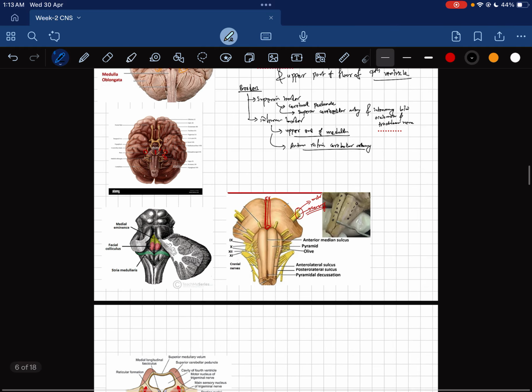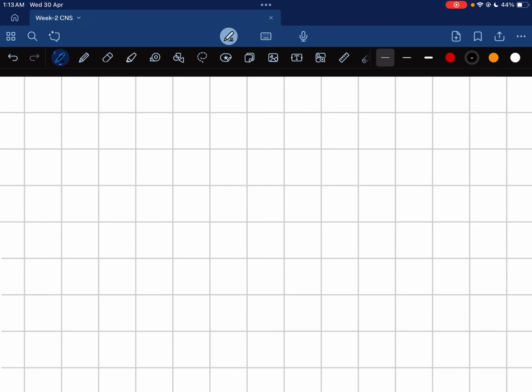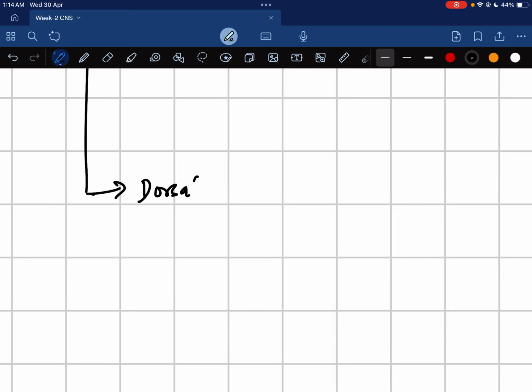Moving on to the internal structure. For the internal structure, first we will discuss the chart. It is divided into the ventral or basilar part, and then in the posterior, the dorsal or tegmental part.